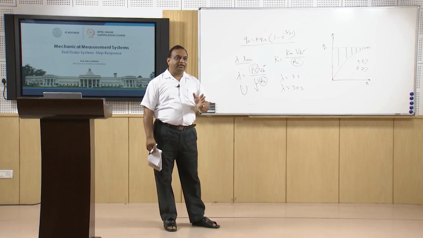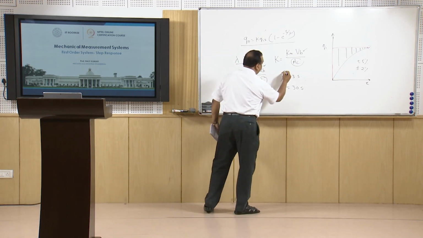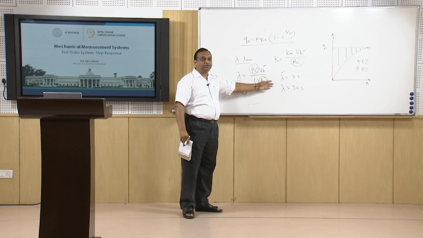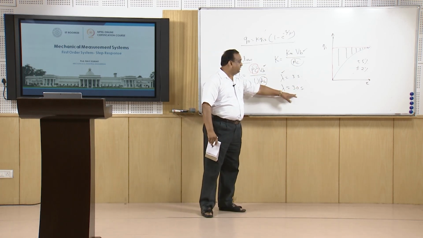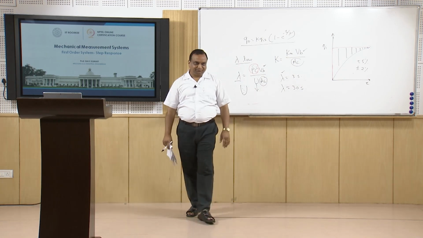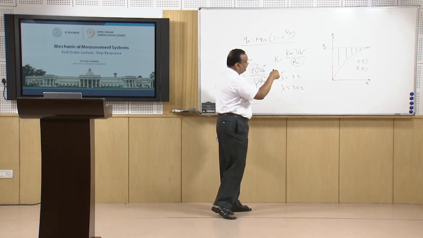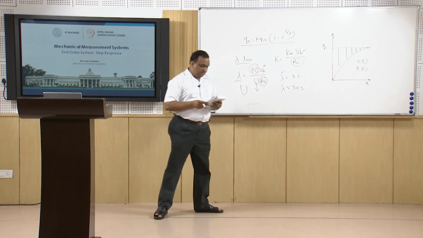When anybody purchases a thermometer, and if you are interested to know the time constant, then you must ask the vendor, or you must ensure for which application you are going to use this thermometer. Suppose it is specified as 3 seconds, but you are using it for air temperature where the time constant is 30 seconds, that will result in a lot of error creeping into your measurements.